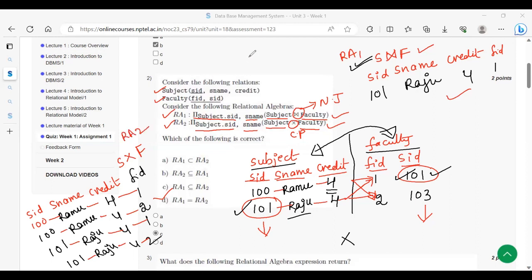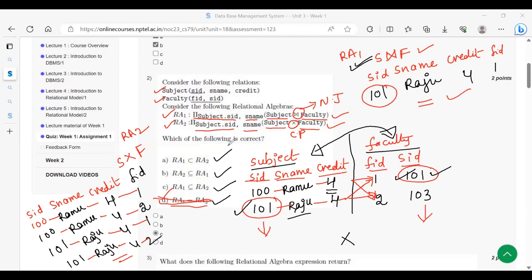They are asking whether RA1 is a subset of RA2, RA1 is a proper subset of RA2, RA2 is a subset of RA1, or RA1 is equal to RA2. Let us come to the last one, RA1 is equal to RA2. No, because when I say cross join, they give all the values, and when it is a natural join, they give only common values. Hence this option is wrong.